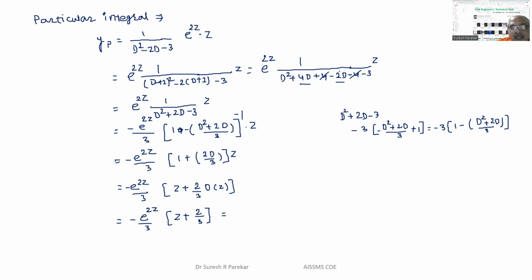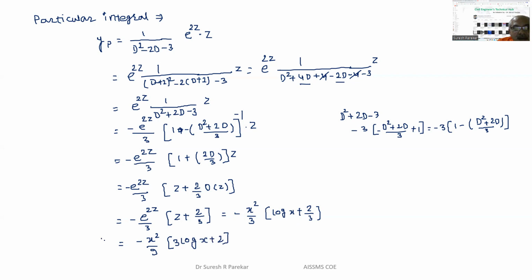So we will put these values. So we have minus x square upon 3 in bracket z is log x plus 2 by 3. And if we will take 3 again outside, then we have this as minus x square by 9 in bracket 3 log x plus 2.